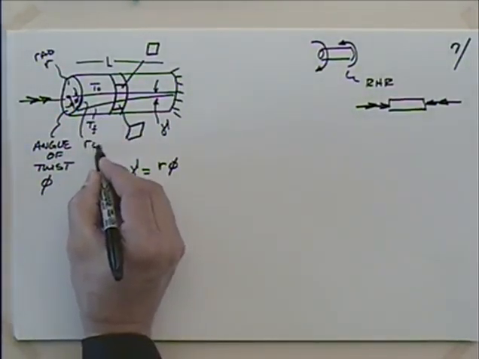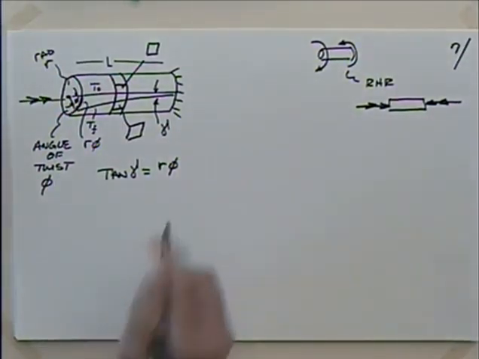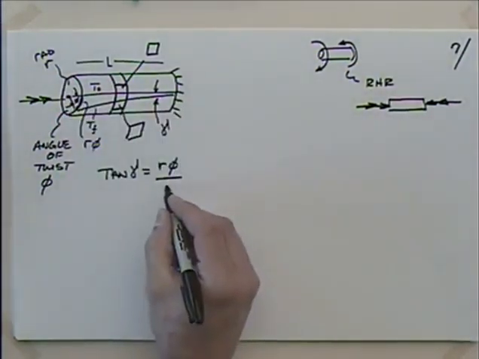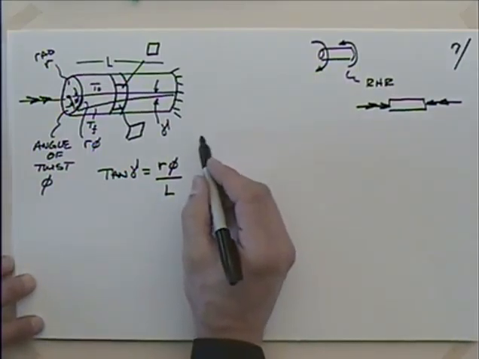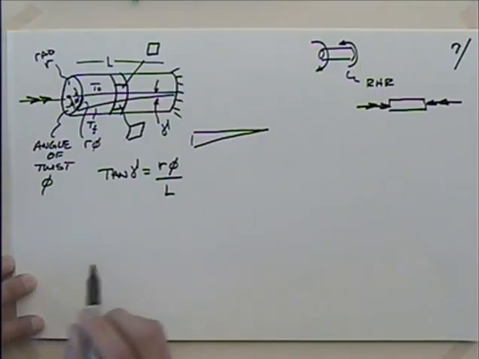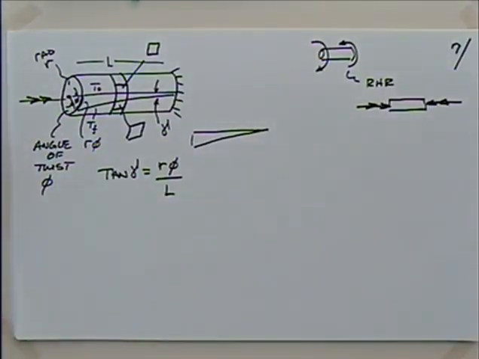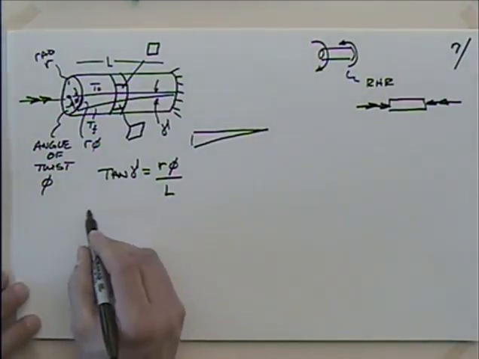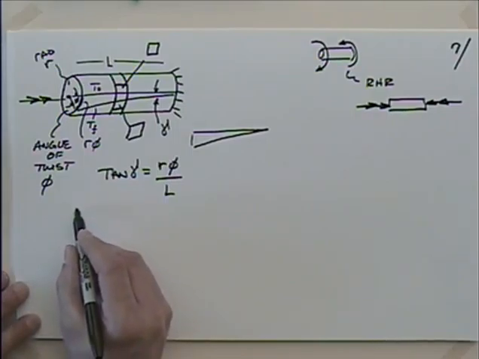I'm going to have to divide by the length of the shaft, which is L. And we said that we were going to look at a small angle. So this will drive the math people crazy, but it's really pretty sound.